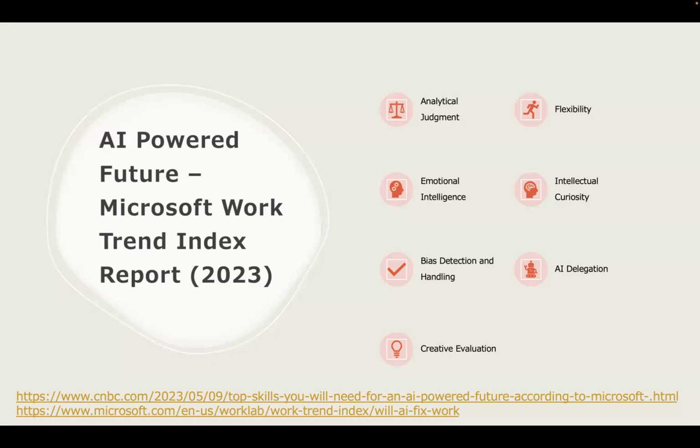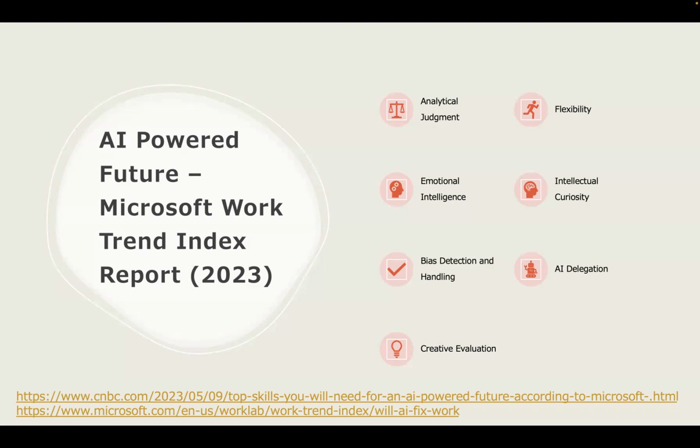Analytical judgment, being able to leverage an AI capability instead of a human capability. Emotional intelligence, which is kind of just the opposite, determining when to leverage a human capability instead of AI. Bias detection, evaluating AI fairness in decision making.